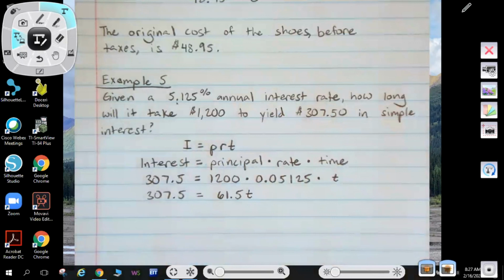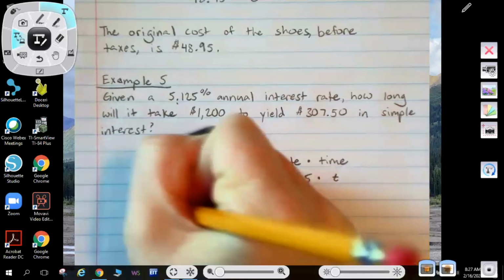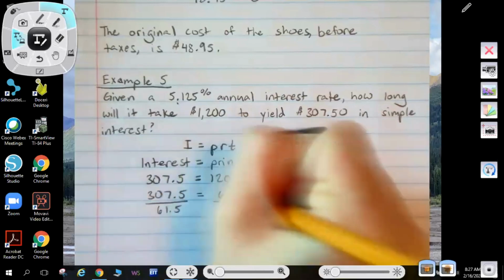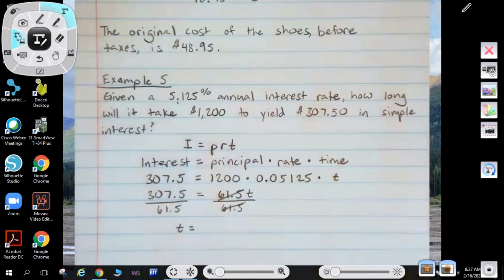So to get t by itself, divide both sides by 61.5. 307.5 divided by 61.5 is 5.